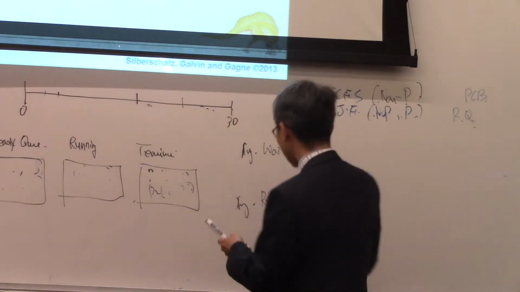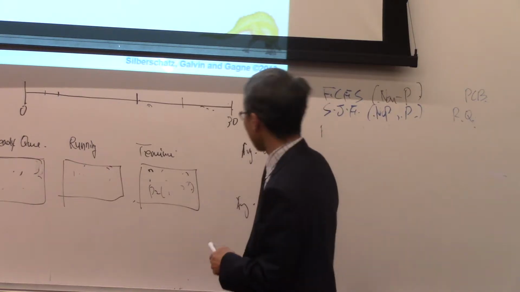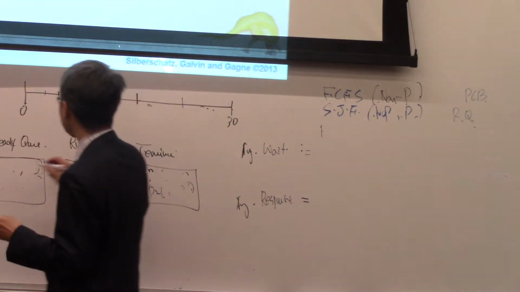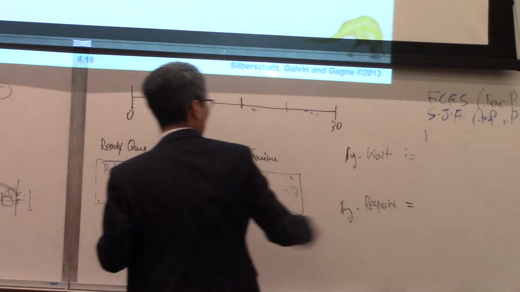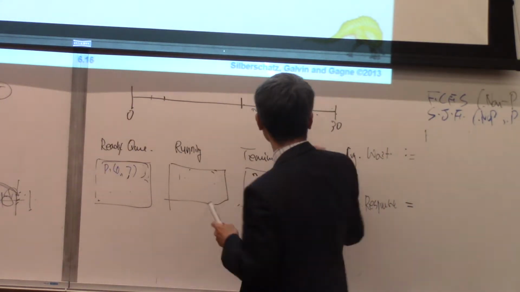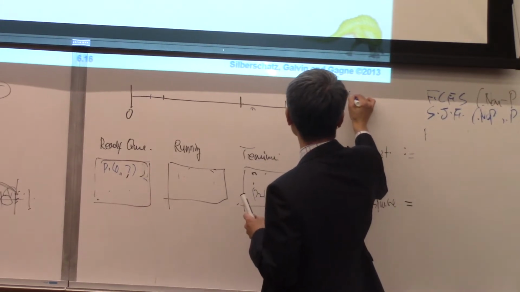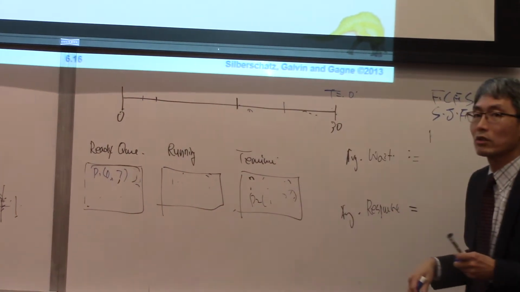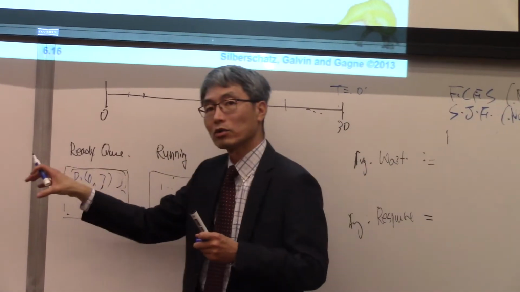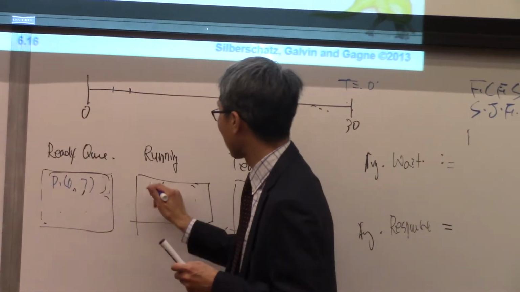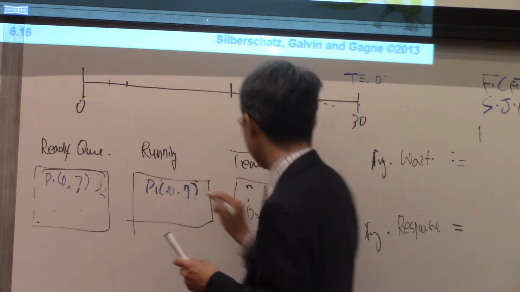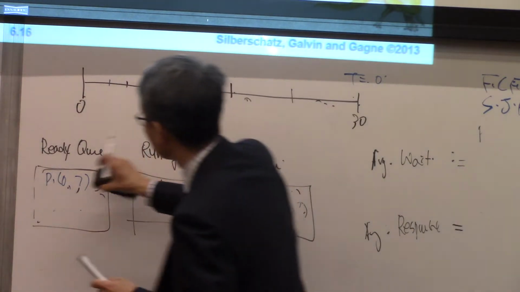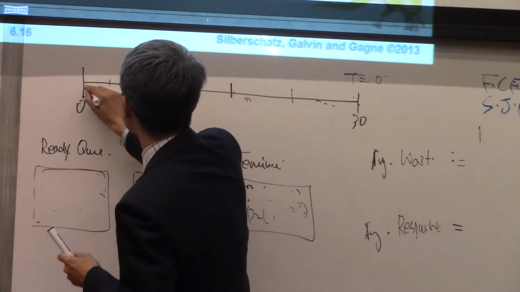So let's start from process 1. P1 arrives at time 0, CPU burst time 7. So current time is 0. This is the current state. The CPU scheduler chooses the first, we select this one. So P1 moves to running.